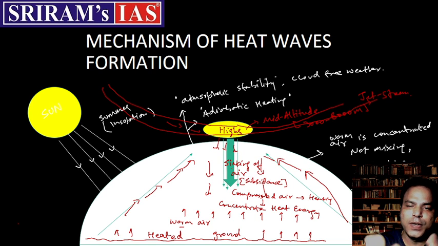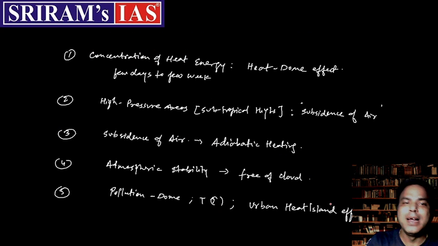Sometimes this heat dome gets energy not only from solar heating or insolation, but marine heat also contributes to it. The wind moving from the ocean to the land transports the heat energy of the ocean to the land, and the heat dome gets more and more accentuated, and the heat wave effect will be higher.